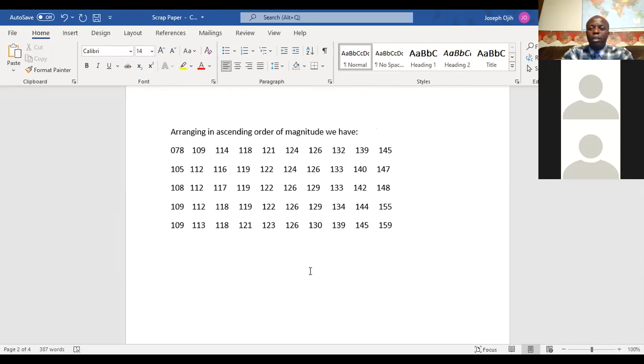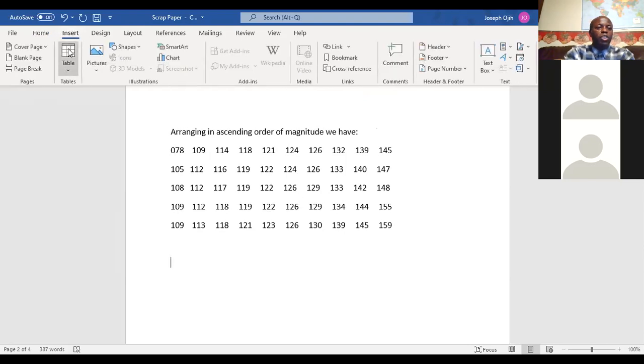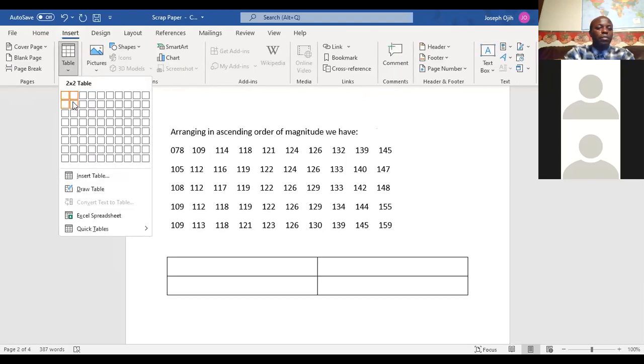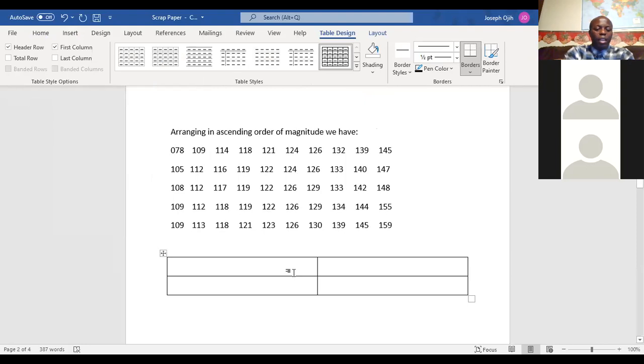Now you can have your stem. I'm going to put it in this form, the form of a chart, stem and leaf. I have the stem, which I can move to this side, and their leaf. Now the stem.